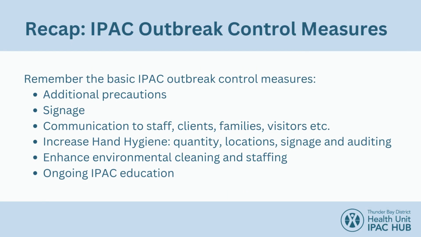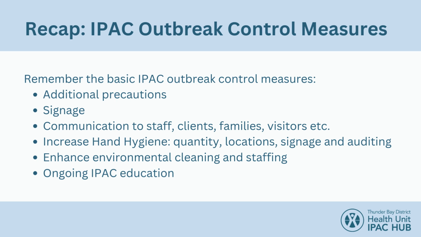Okay, let's do a little recap. Recall in the first module, we discussed IPAC control measures that can be implemented to any outbreak, regardless if it's enteric or respiratory. These include implementing additional precautions on anyone showing new infectious symptoms. So you don't need to wait for an outbreak to be declared or a line list to be started in order to put someone on precautions.